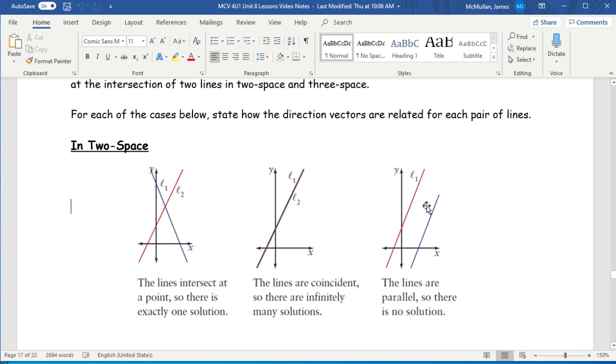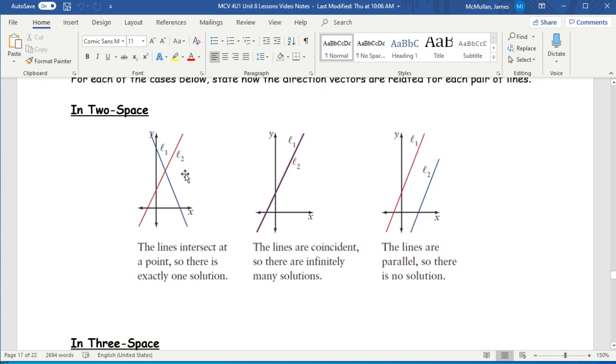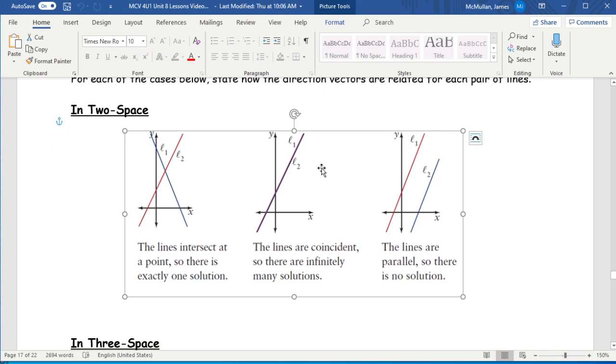Or the two lines have the same slope but are what we call parallel and distinct, as opposed to parallel and consistent, or coincident. In this third one, there are no solutions because the two lines never cross. So either you had one solution, or infinite solutions, or no solutions.